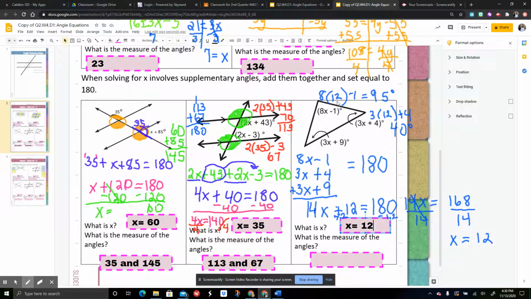And then this one would be 3 times 12 plus 9. And 36 plus 9 is 45. So your angle measurements for that triangle are 95, 40, and 45.